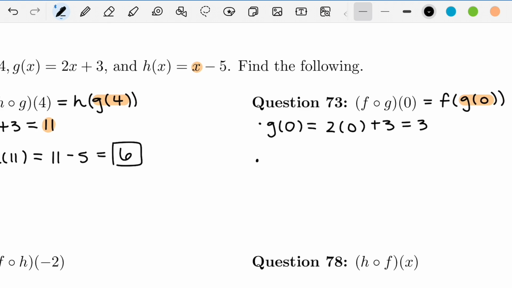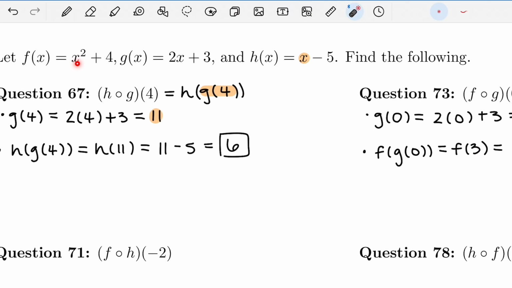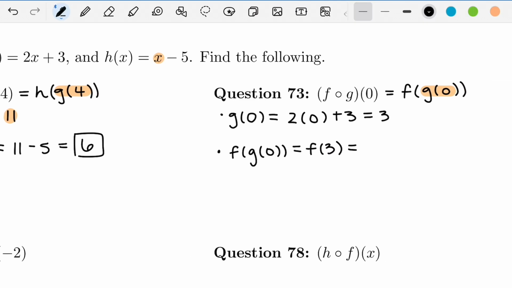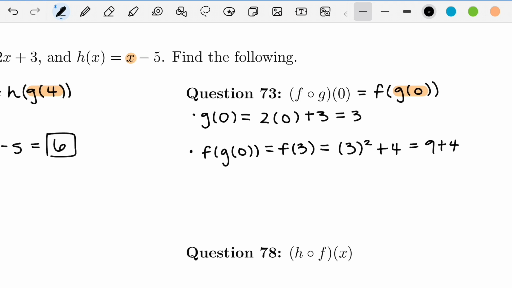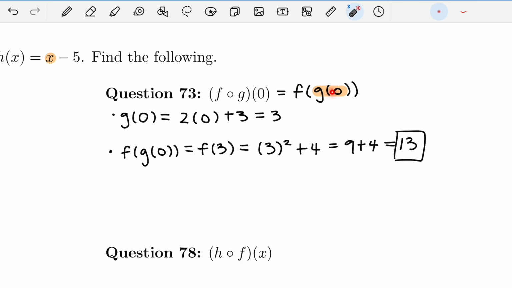So then f of g of 0 is going to be the same thing as f of 3. So we just have to plug in 3 into our x value in this polynomial function. So this will give us 3 squared plus 4, which is 9 plus 4, which is 13. So f of g of 0 is going to be 13.